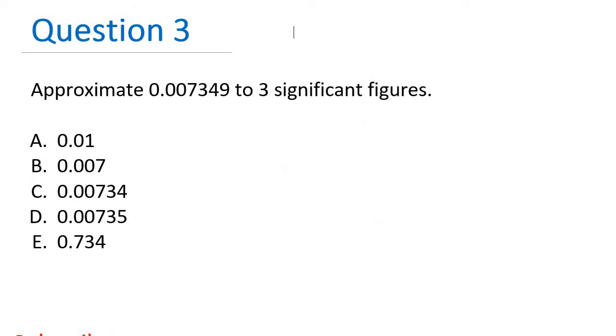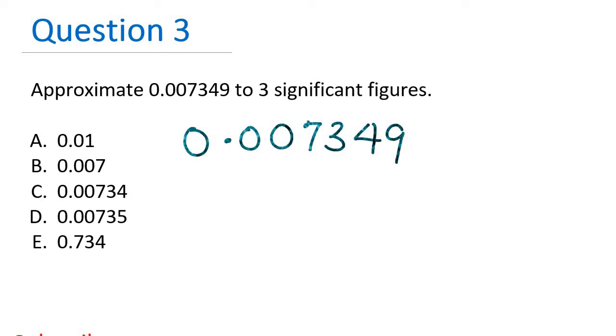Question number 3. This question says, approximate 0.007349 to 3 significant figures. Let me write it out again. The first significant figure here is 7.